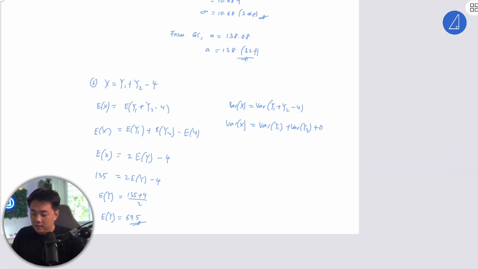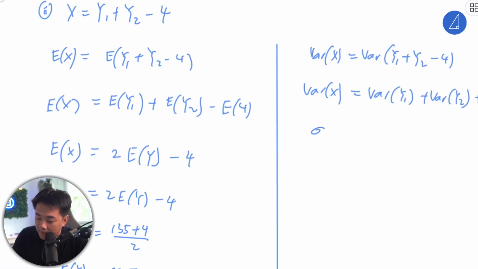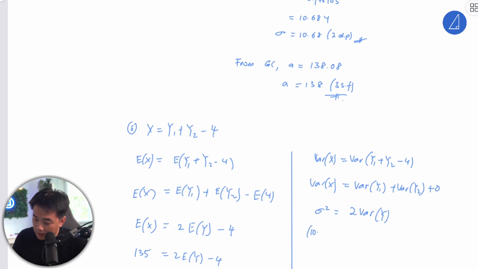What we need to do next is variance X is just sigma squared. This is just 2 variance Y, as they share the same variance for the two independent observations. So sigma squared, using the calculator value, 10.684 squared, equals 2 variance Y.